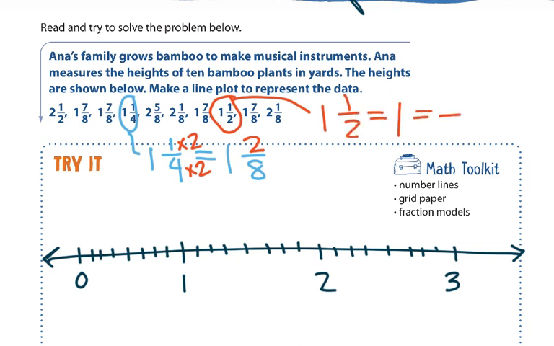I have to make the denominator 8. How many times am I going to times 2 by, Emma, to make it an 8? Don't tell her. How many times do you times 2 by to get to 8? 4. Whatever I do to the bottom.